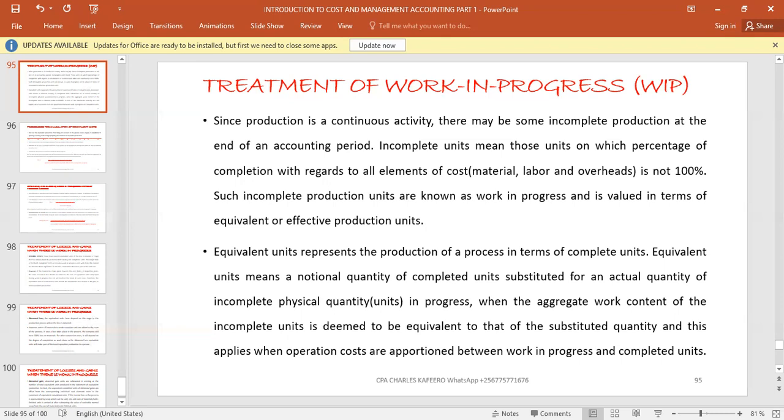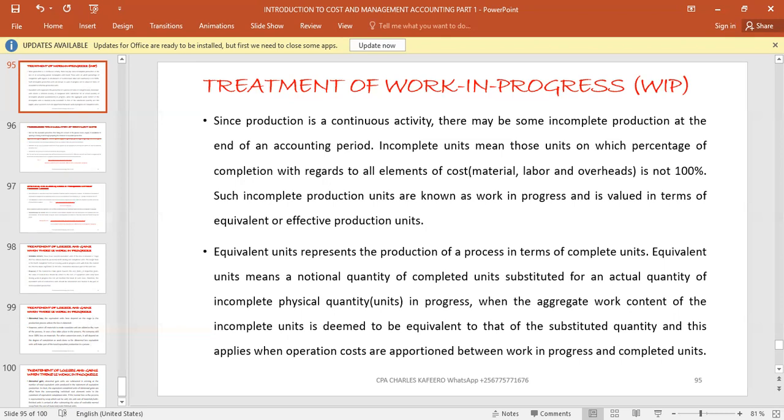But there is something you need to add on top of the units themselves being incomplete in terms of the raw materials, or at a different level of completion in terms of raw materials. There are also other elements of cost like labor, because if a bottle is already filled with beer or soda, it will not have the same cost as one which is still at the process where they just fill in the sodas or the beers.